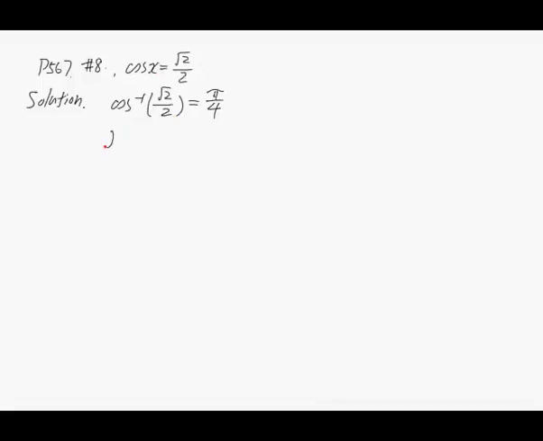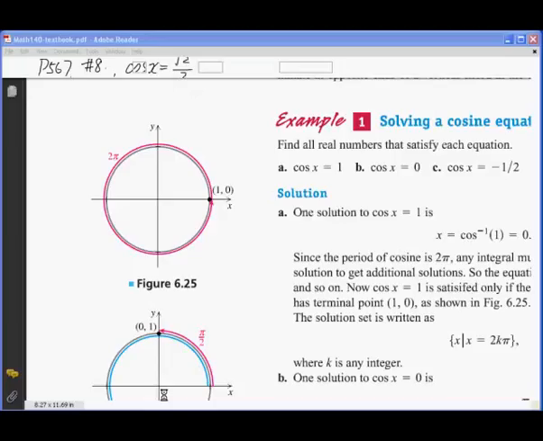So the first one, let me use theta 1 for this pi over 4. And theta 2 is equal to 2 pi minus this pi over 4, and this is equal to 7 pi over 4. Right? Actually, you look here.